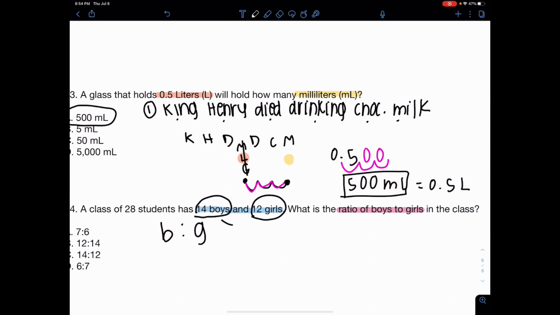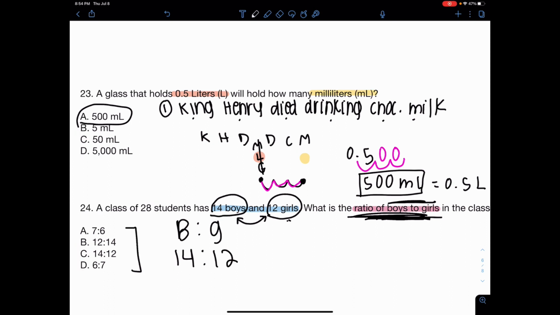Sometimes these could be switched, so you just need to pay attention to what this is asking. This is telling you the order it needs to be in. So it did give us our boys to girls. We have 14 boys to 12 girls. And there it goes. As you see, they could switch it up on you, so it is easy to get confused.